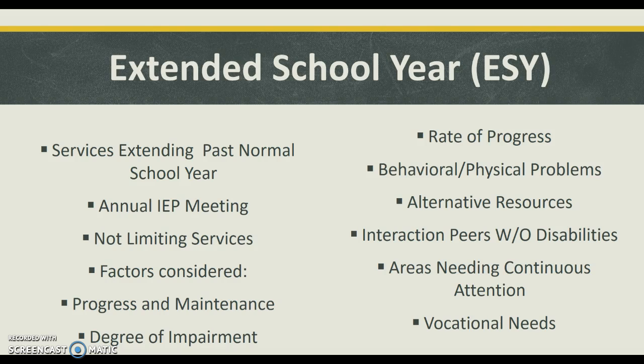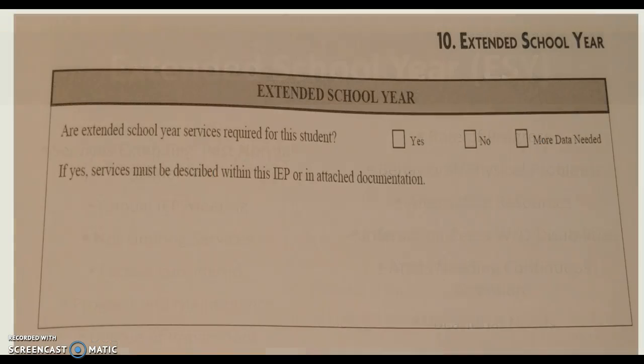So these are just some of the things you would want to take into consideration when figuring out whether to do ESY, but it is based on the needs of the student.